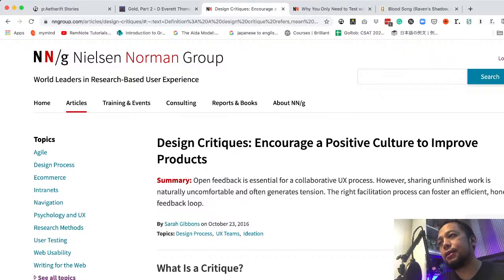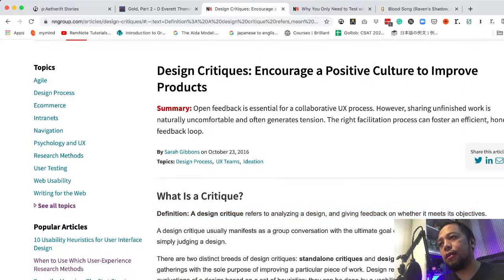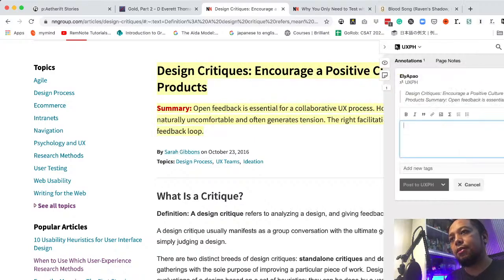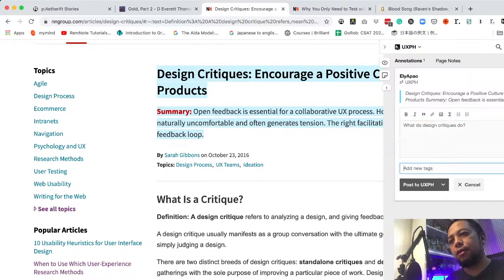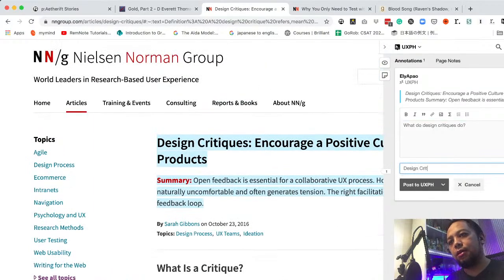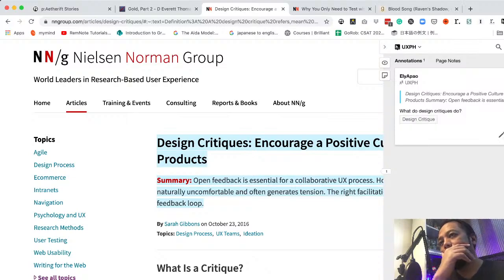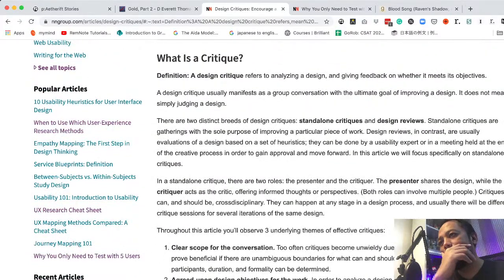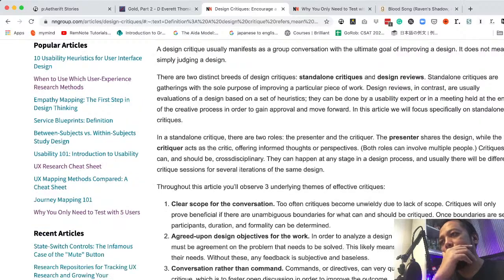So this is a design critique. Let me highlight this and put it in my Hypothesis. Annotate. What is a design critique? What do design critiques do? Why critique?